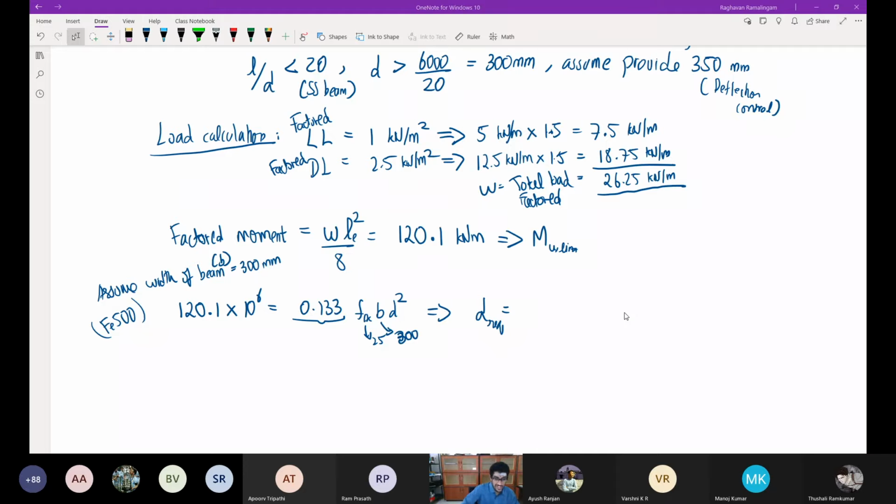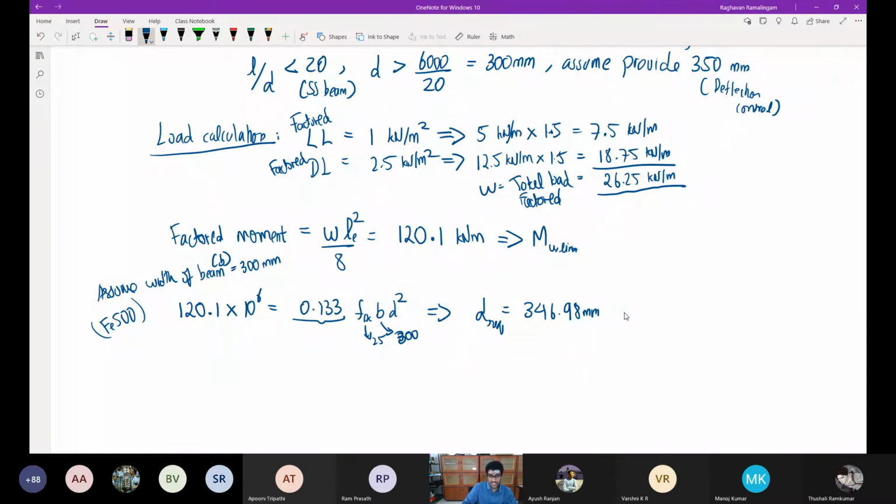Basically the root of this divided by 0.133, 25 into 300. 346.98 mm. So actually speaking, it is more or less the same as we have assumed. Compared to this 350, we've actually provided slightly more than what is required.